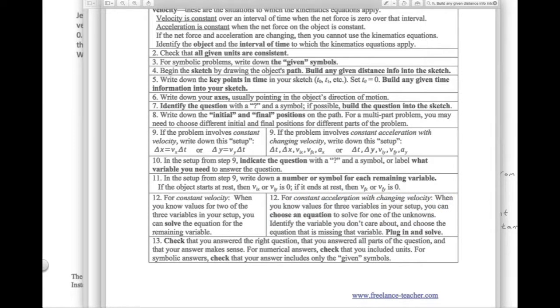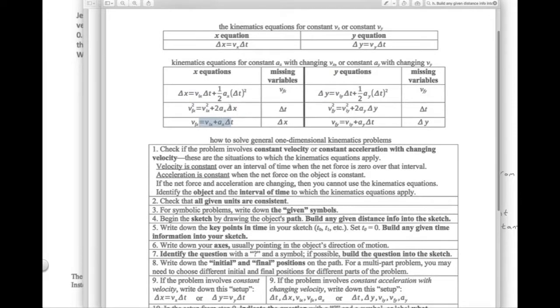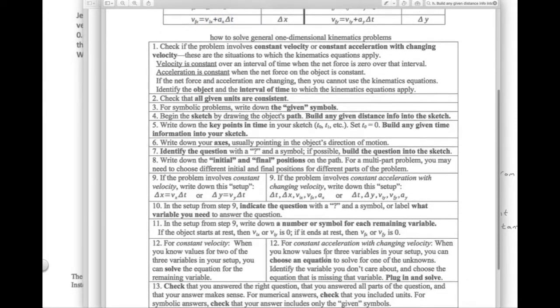For this form, to pick an equation, we need to know values for 3 of the kinematics variables. The reason is that each of these kinematics equations has 4 variables. So the equations are not very useful to work with until we know values for 3 of the variables.